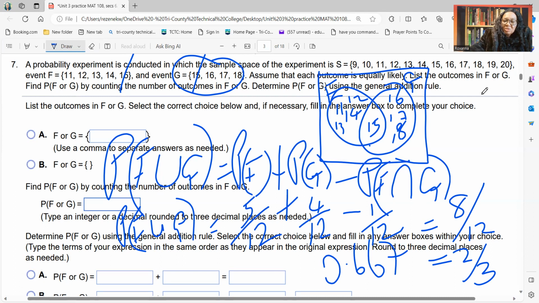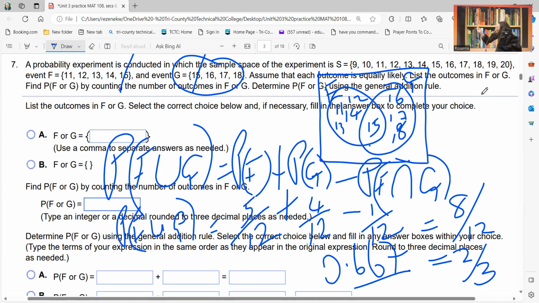If you're told to interpret it, you can say, if you do 1,000 experiments, 667 of them will come out F or G. Anytime you're told to interpret probability, you've got to quantify it, and you can use the law of large numbers. The law of large numbers says the more the repetition, the better the outcome comes out to the probability.